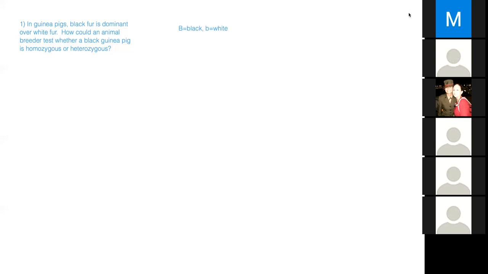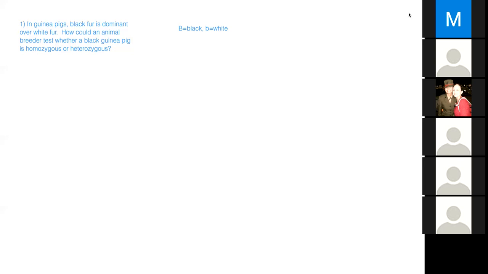We'll use those just arbitrarily assigned variables. But if I have an animal with black fur and black fur is dominant, what are the possible genotypes of that animal? Can you repeat your question? I'm sorry.